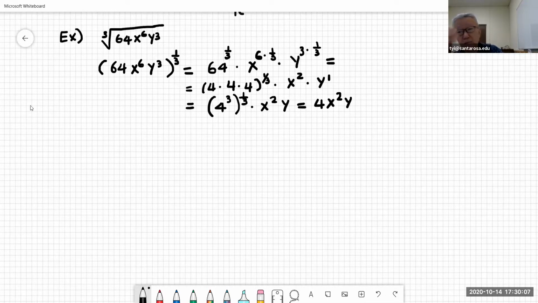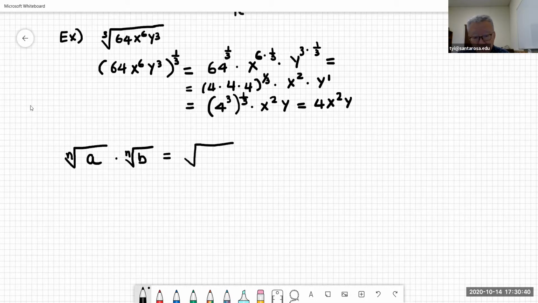Okay, so instead of using the rational exponents, now we are going to just use the properties of the radicals. One of the radical properties is this: if I multiply, not a square root, but any radical a times any radical b, then you're going to get the radical of a times b.